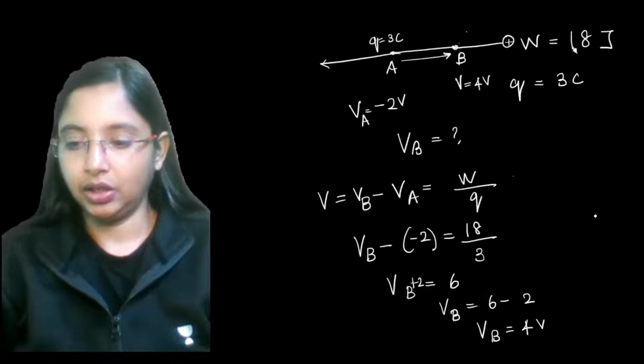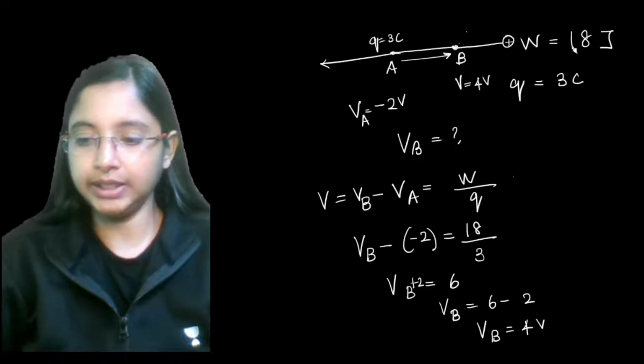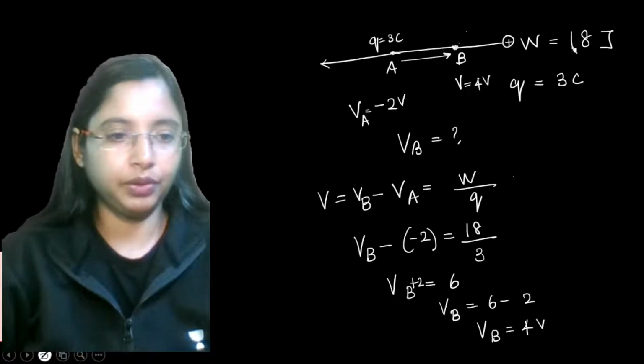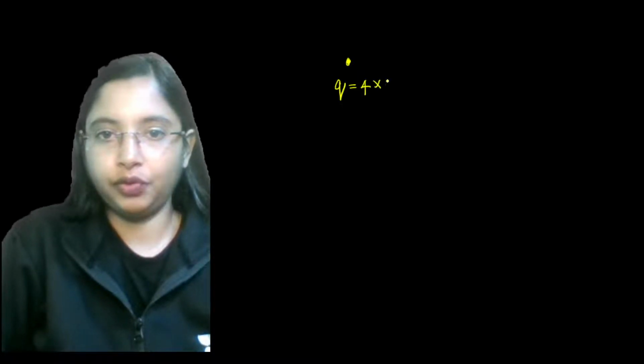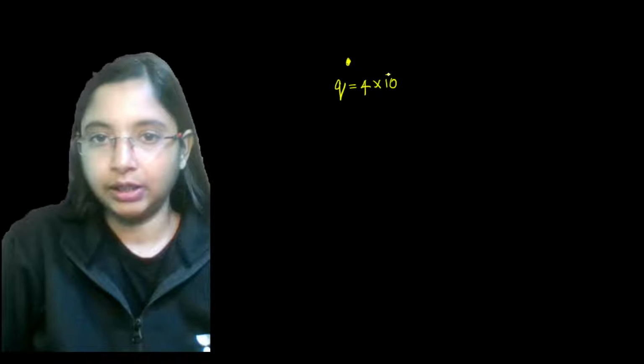Okay, all right. Now let's do one more numerical based on the same. Let's say there is a source charge over here, and the charge is 4 into 10 to the power of minus 7 coulombs.